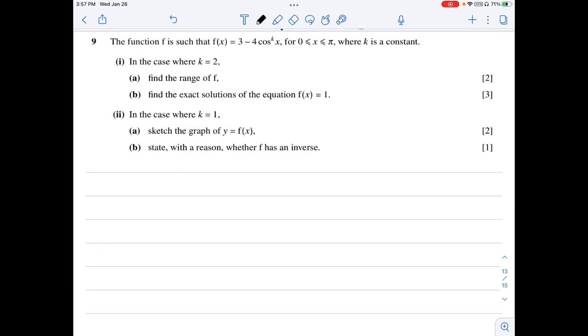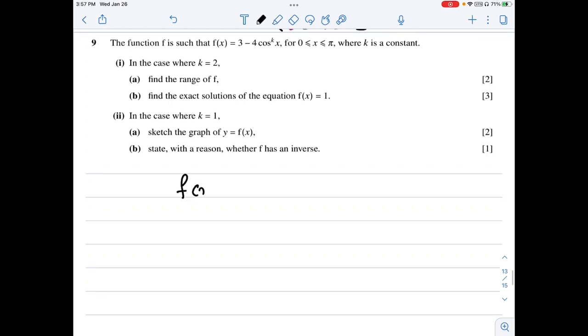Question number 9. The function f is such that f of x is equal to 3 minus 4 cos to the power of kx, where x lies between 0 and pi, where k is a constant. In the case k is equal to 2, find the range of f. So f of x will become 3 minus 4 cos square x. We know that cos square x has maximum value 1 and minimum value 0.